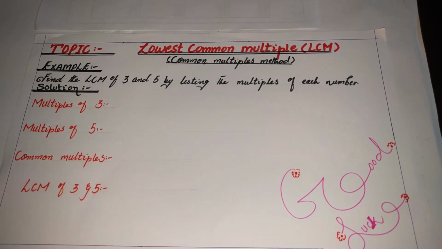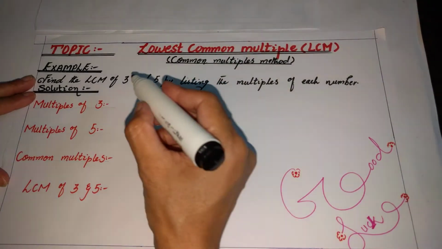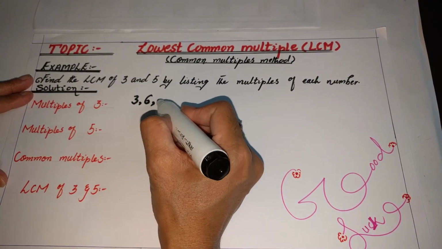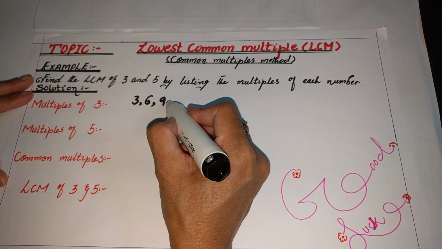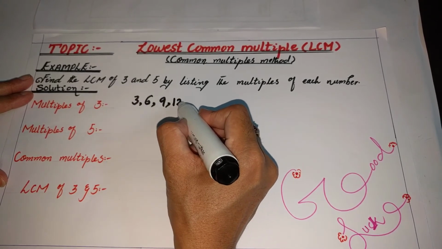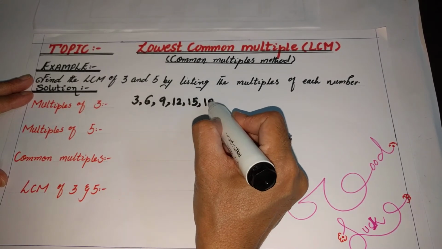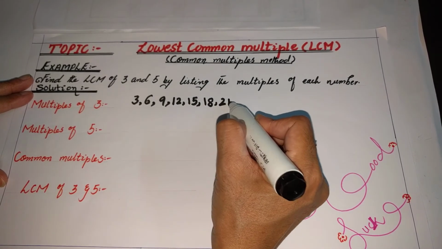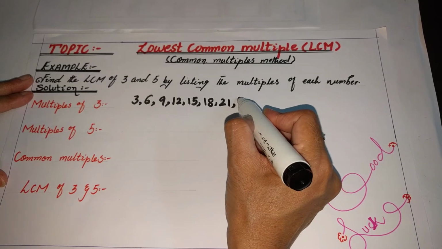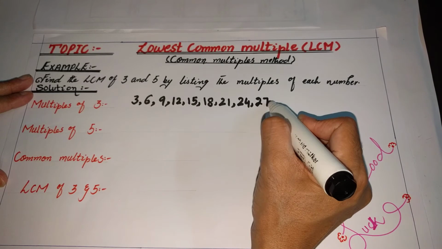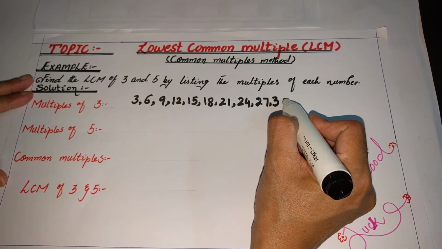Let's start the example. Multiples of 3. Firstly we will find the multiples of 3. 3 ones are 3, 3 twos are 6, 3 threes are 9, 3 fours are 12, 3 fives are 15, 3 sixes are 18, 3 sevens are 21, 3 eights are 24, 3 nines are 27, and 3 tens are 30.